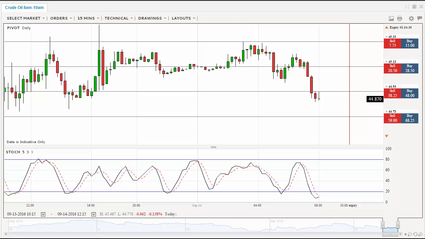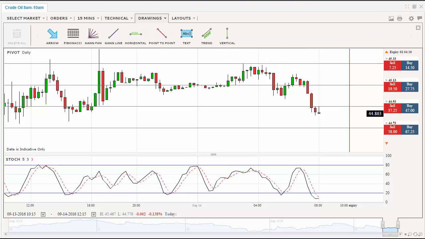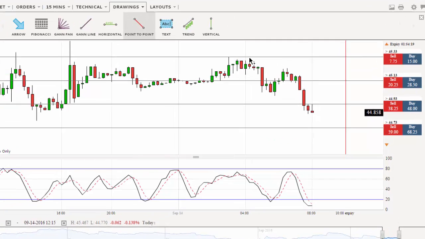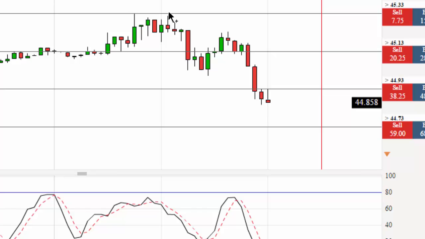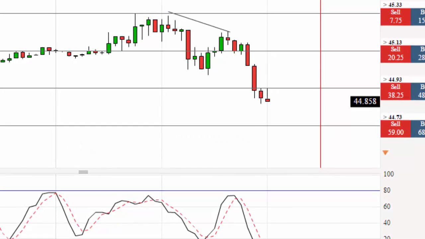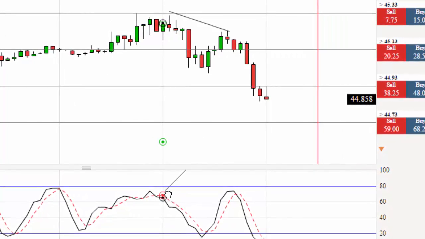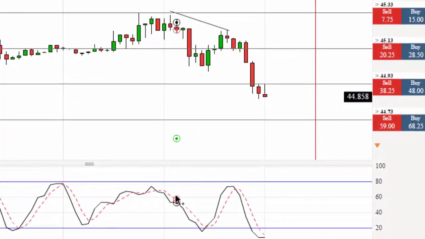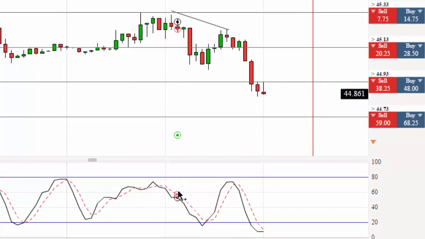I also want to show you a crude chart, and we had perfect hidden divergence here. I'm just going to mark where we're making lower highs in price and we're making higher highs in the stochastics. Again, this is hidden divergence, and it tells you that you're going to have a very powerful move to the downside.